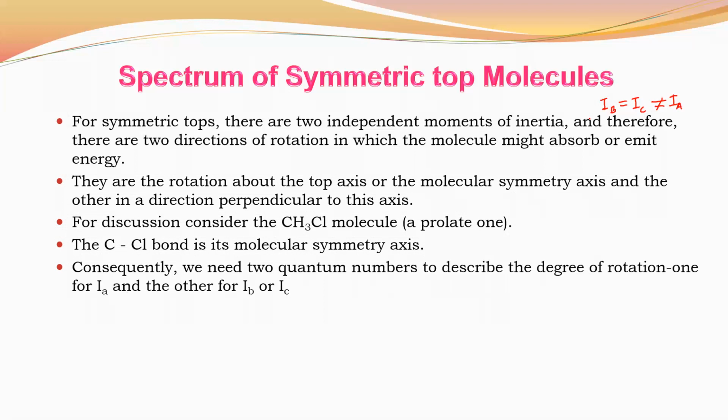Consequently, we need two quantum numbers to describe the degree of rotation, the first one for IA and the other one for IB.